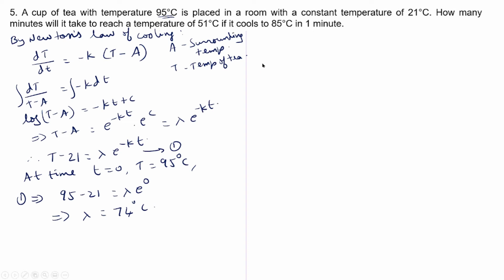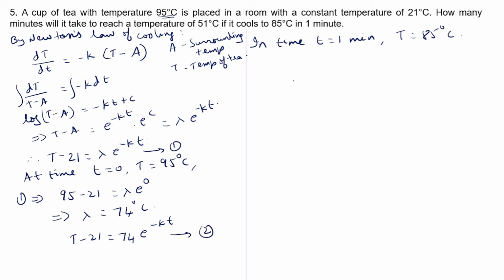The next information which is given is it cools to 85 degrees Celsius in 1 minute. So at time t equal to 1 minute, the temperature becomes 85 degrees Celsius. So from this we can write T minus 21 equal to lambda, which is 74, into e raised to minus kt. Let us take this as equation 2.